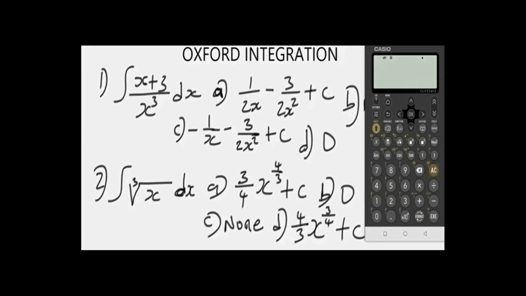So let's press the catalog button, function analysis, press this again. So let's begin with option A, a fraction 3 over 4. Alright, we have x to the power, there is a fraction. Sorry, let's delete this.